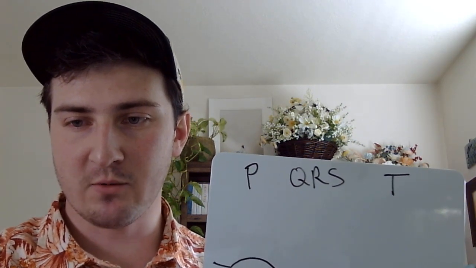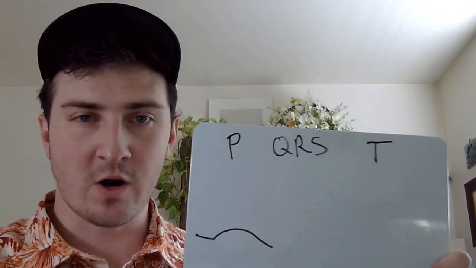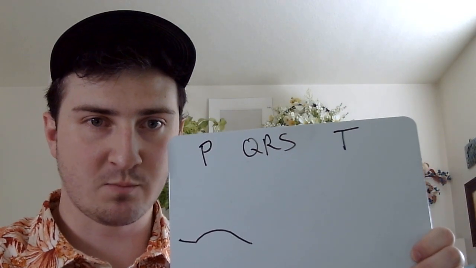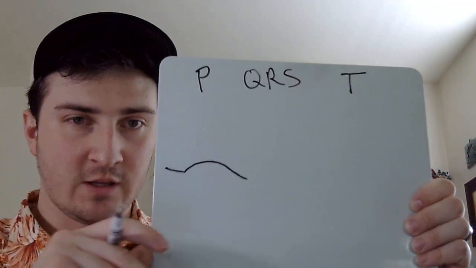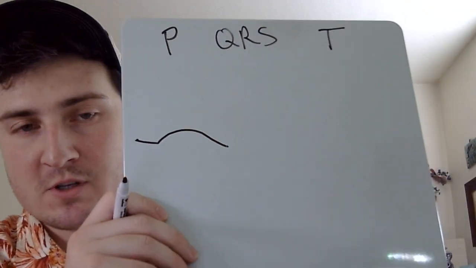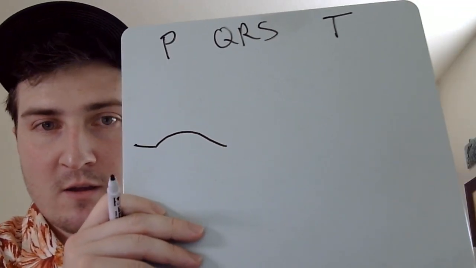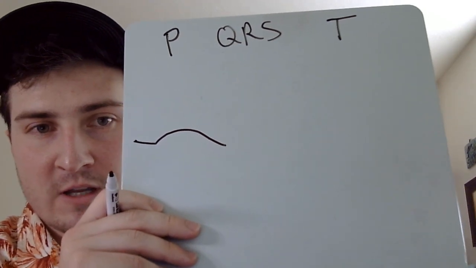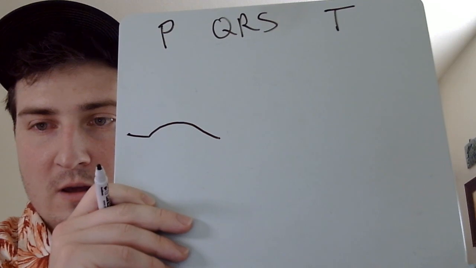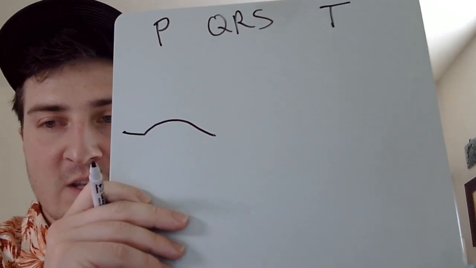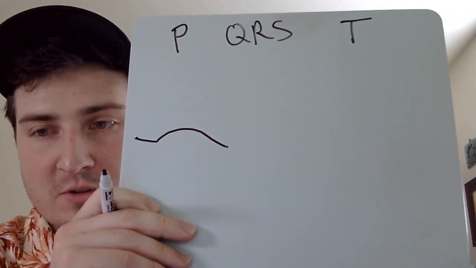All right, so after our P wave, there's going to be the QRS complex, or the QRS wave. And this is our ventricular depolarization, when the ventricles of the heart are going to depolarize. That SA node conducting that current all the way down through the heart. And this is a rapid sequence of depolarization through both ventricles.